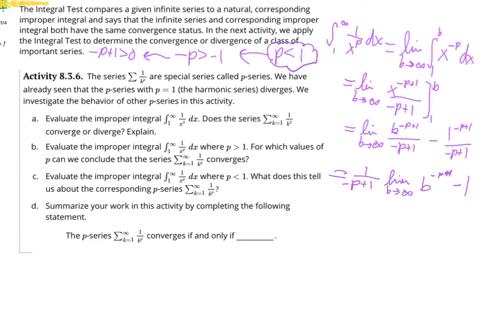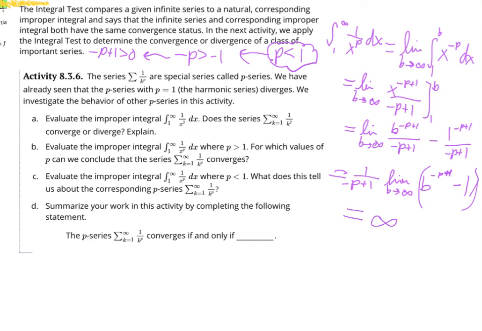Question now is, what is this limit? When you let b go to infinity and b is being raised to a positive power, then that quantity is going to go off to infinity. So this whole thing is going to end up being infinity.